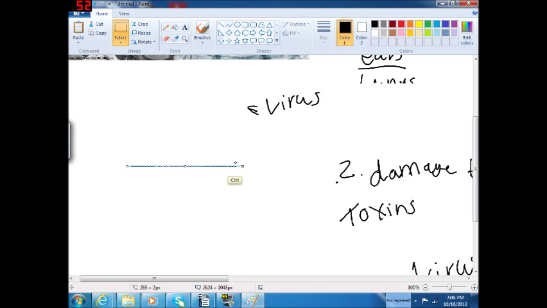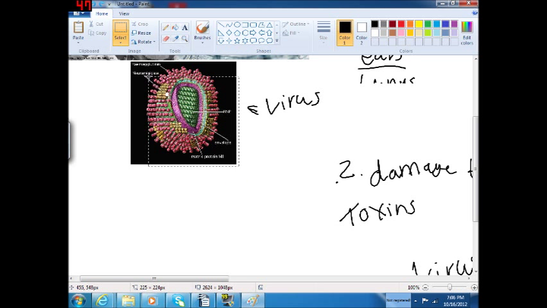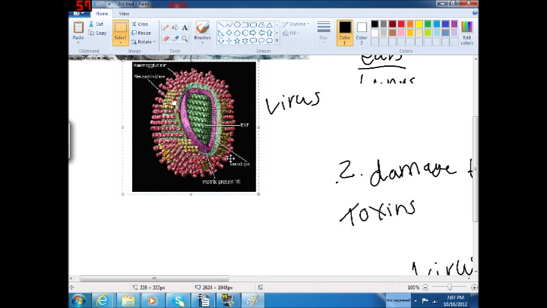Okay, that doesn't want to work, it seems. One more go. Just a little bit bigger. Now this is a labelled diagram, and you can see no nucleus, there's no DNA, it's not alive. This structure is a very complicated protein, and that's all a virus is.